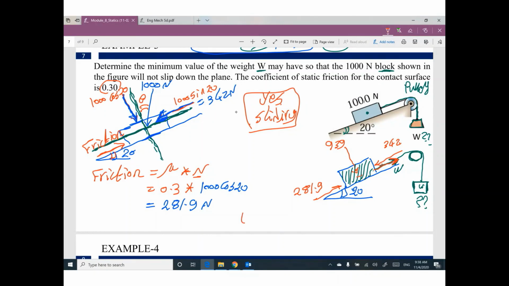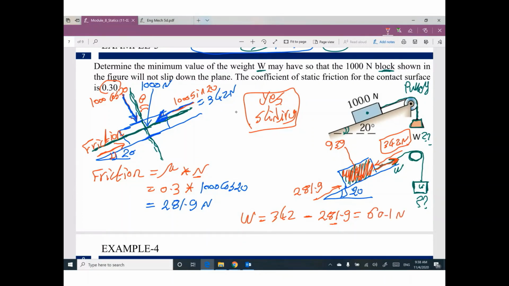I believe the minimum value for this weight to maintain equilibrium for this block will be 342 Newton, which is trying to push, minus 281.9 trying to support. So the final value will be 60.1 Newton.